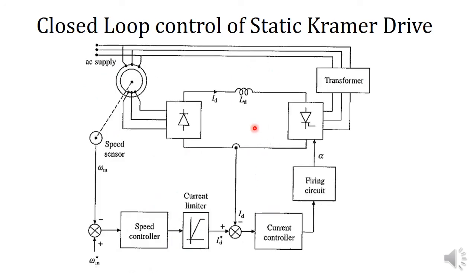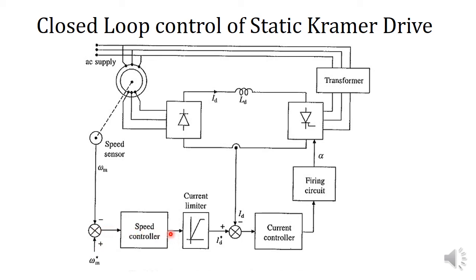Next, we will consider the closed loop control of static Kramer drive. The static Kramer drive is the same. The only difference is that there is a feedback loop. There is a speed control loop as well as a current control loop. Here the speed is sensed using a speed sensor, and the actual speed is compared with the reference speed or speed command, and the error signal is given to a speed controller.